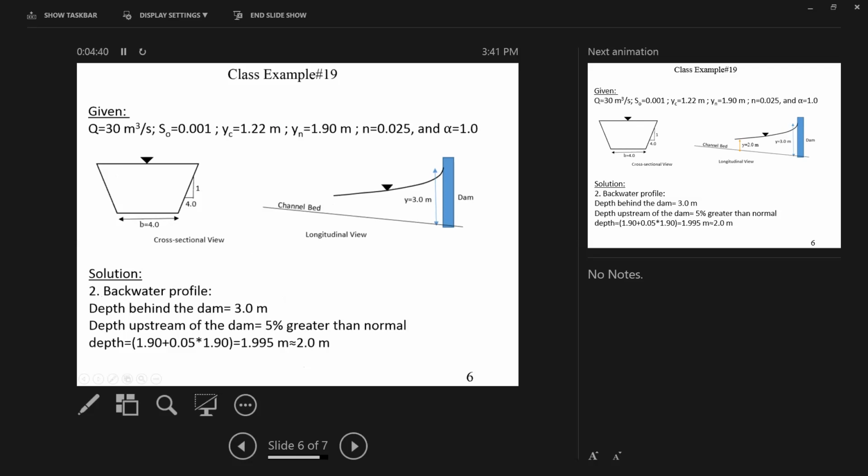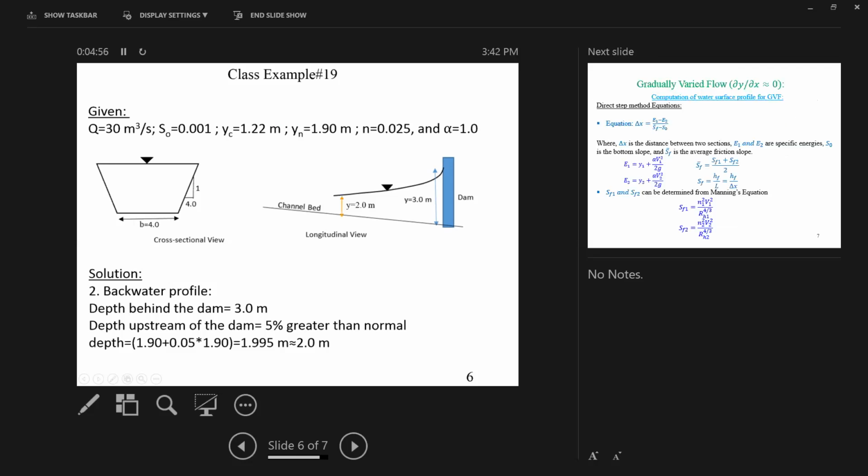The normal depth was 1.9, and if you add 5% extra, that gives you 1.995 meter. By rounding, we can consider that as 2 meters. So basically, we have to calculate the backwater profile from this 3 meters to 2 meters. In between these two, we have to calculate the coordinates of the water surface profile using the direct step method.